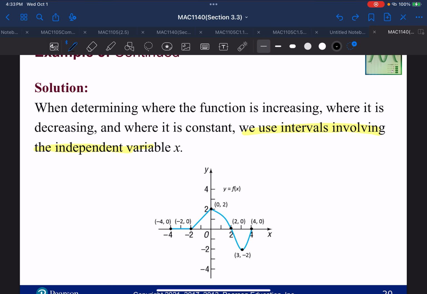So the intervals for which the function is constant is going to be from -4 to -2. That piece of my graph is going in a straight horizontal line.